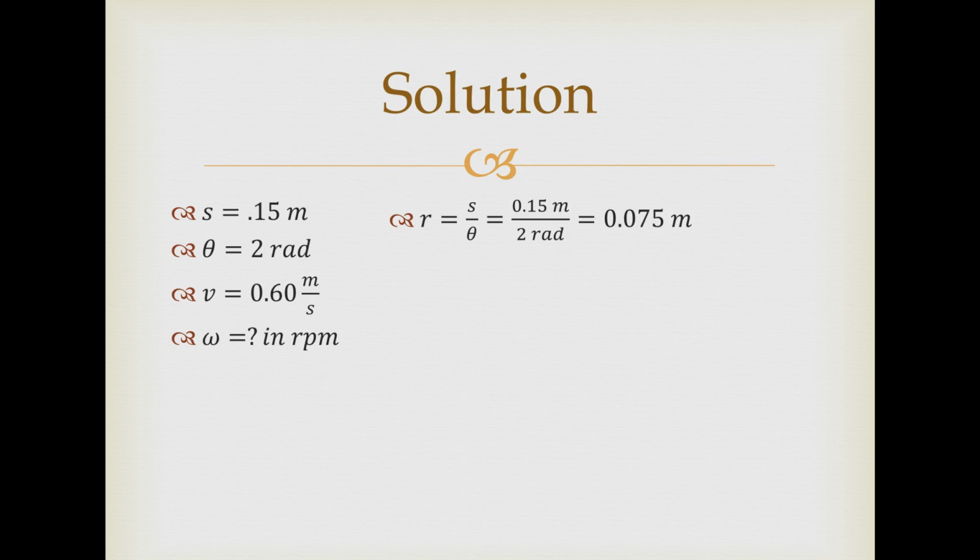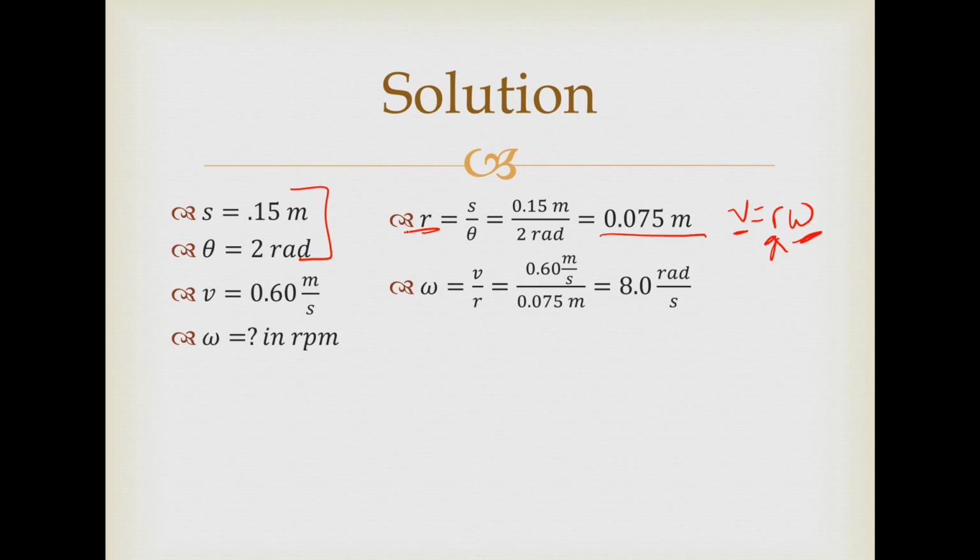As we move through this, we need to know the radius, because remember, the linking factor before was that v is equal to r omega. Well, we had this and we're looking for this, so we need this in the meantime. That is where these two pieces come into play to give us that linking relationship.